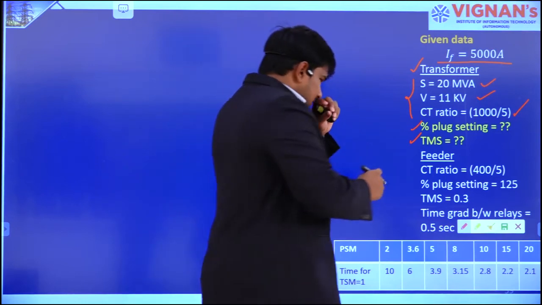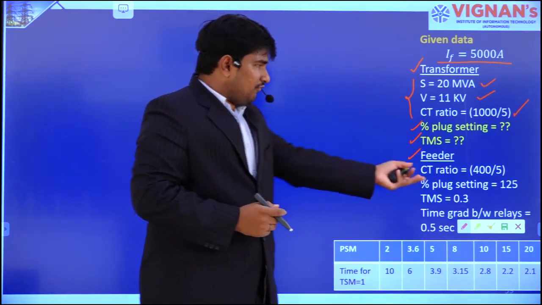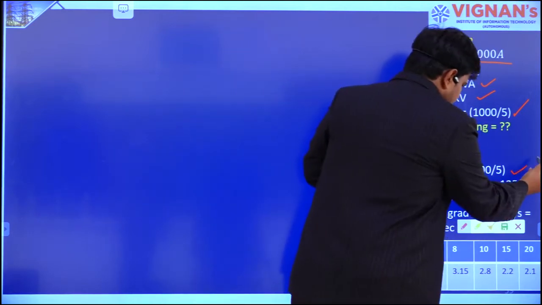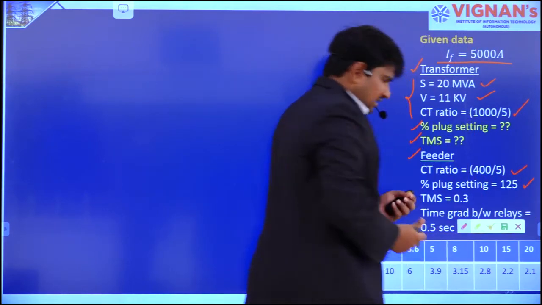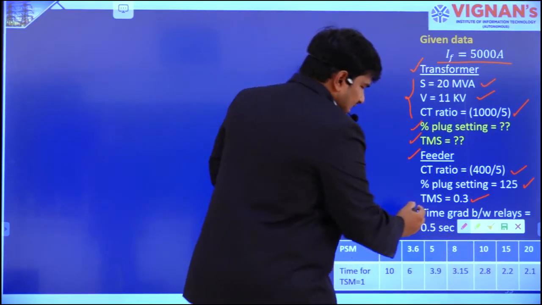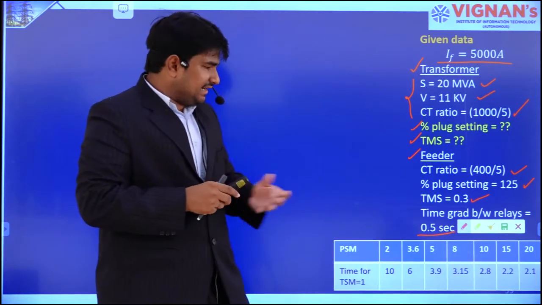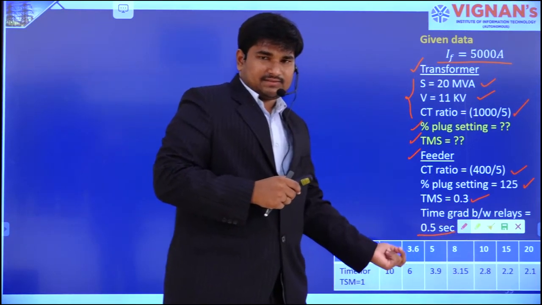And the second case, that is feeder. In case of feeder also we have CT ratio, percentage of plug setting, time multiplier setting, as well as the time discrimination, that means the delay between two relays.